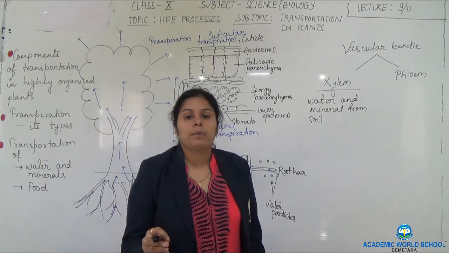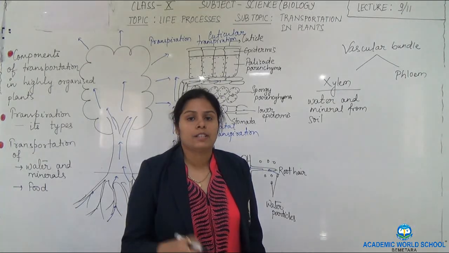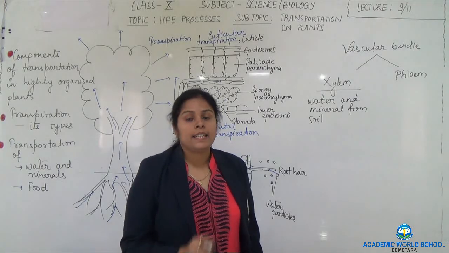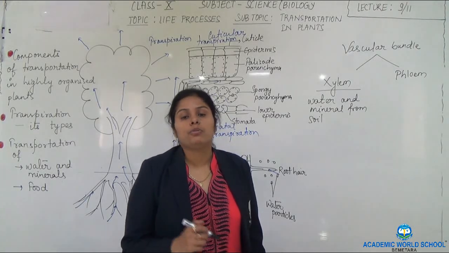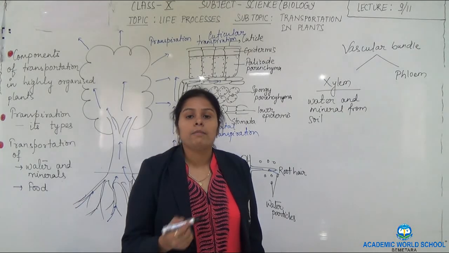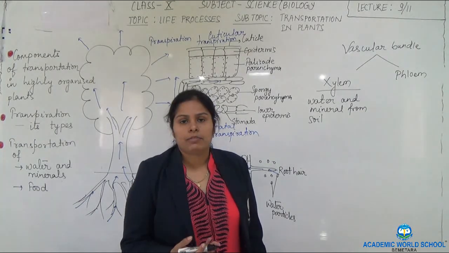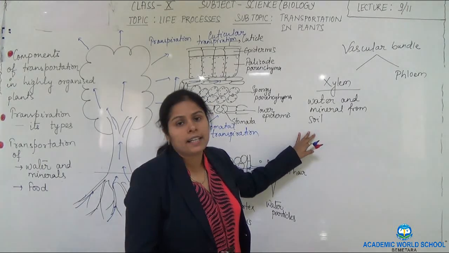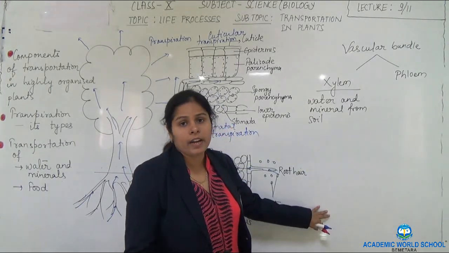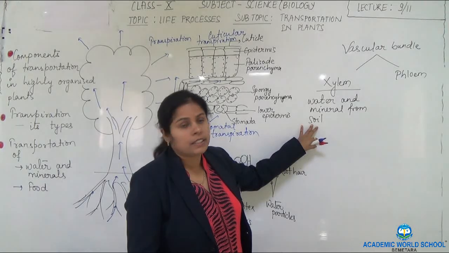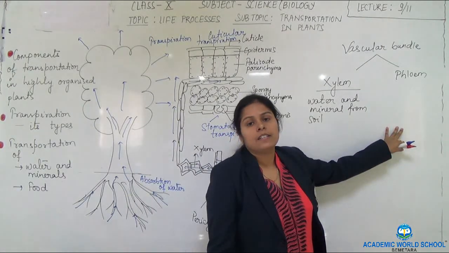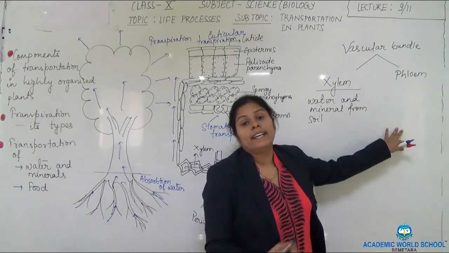So the food is prepared in the leaves, which has to be transported or translocated to other parts of the plant, and this phloem is responsible to translocate the food from the leaves to all parts of the plant. So here we understand that in xylem only water conducts from the soil towards upward direction, whereas in phloem the food prepared in the leaves is translocated in all directions.